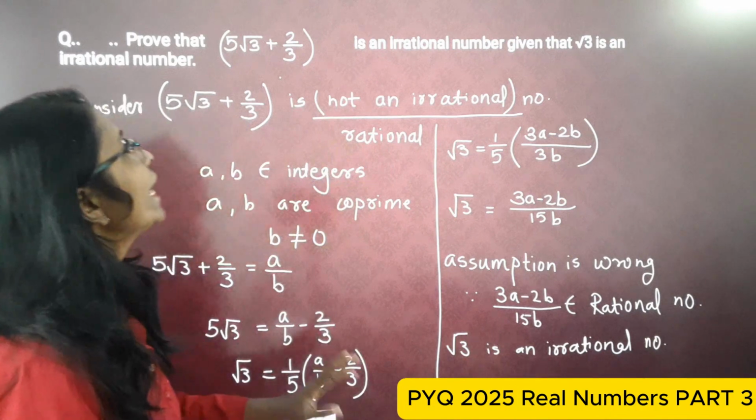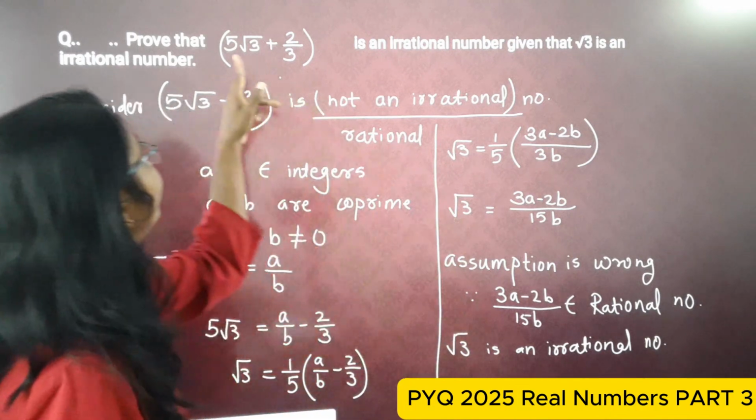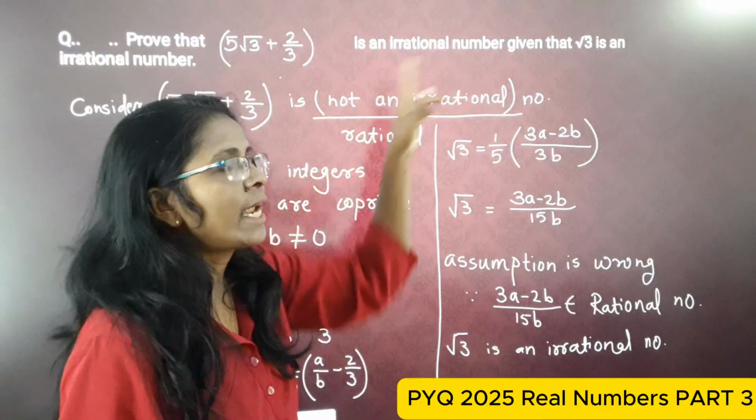So we can say that 5 root 3 plus 2 upon 3 is an irrational number.